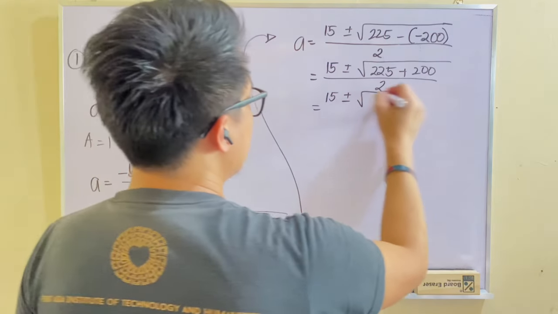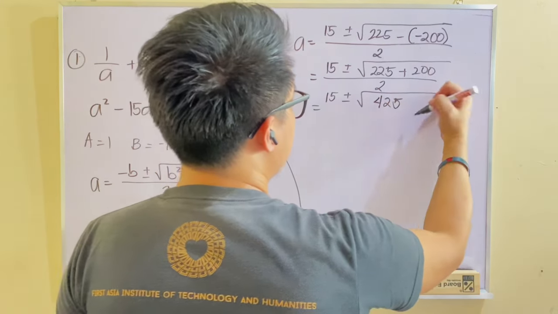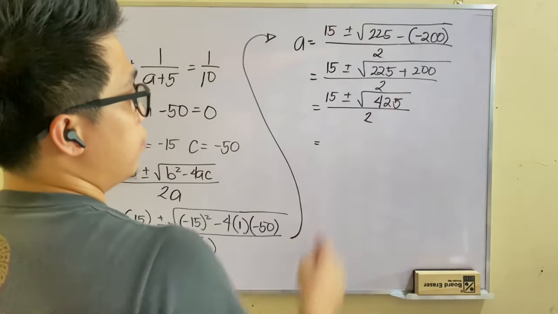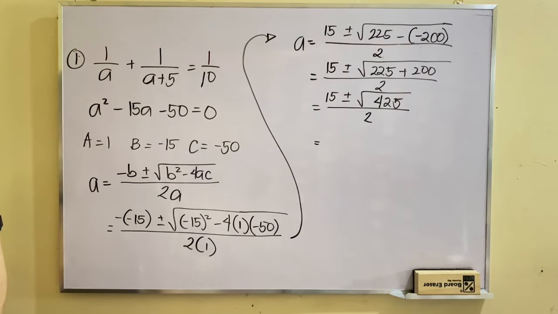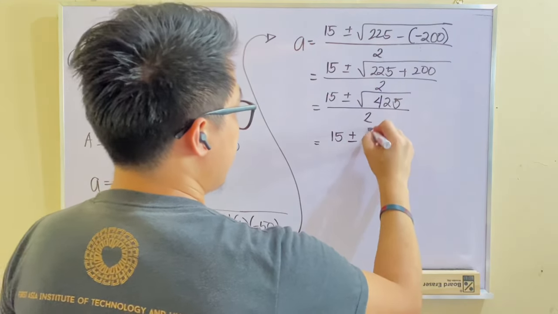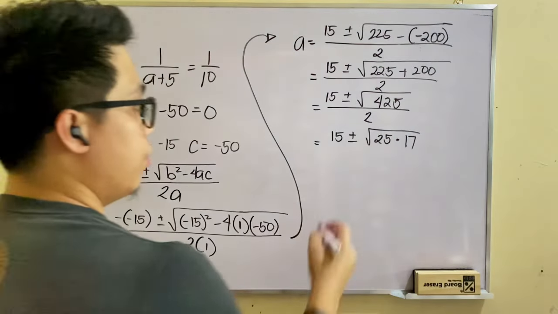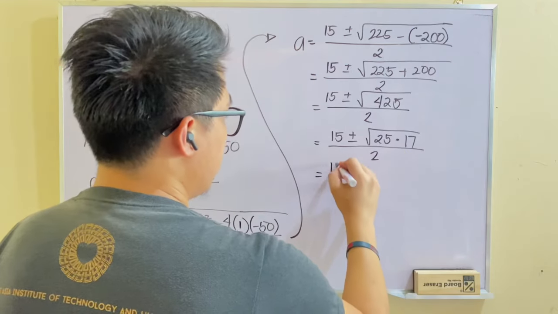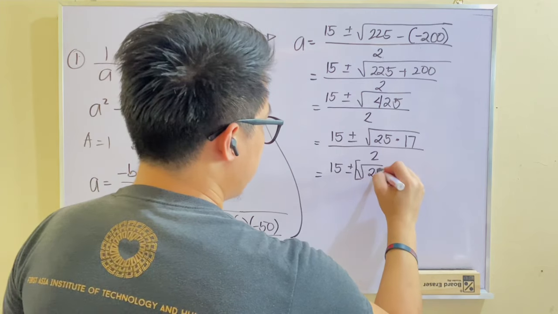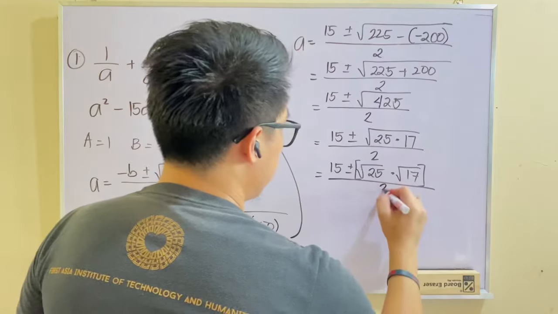15 plus or minus square root of 225 plus 200 is 425 all over 2. So ano ang factors ni 425? So, ang 425 is 15 plus or minus square root of 25 times 17. Maaari natin siyang isulat na 15 plus or minus square root of 25 times square root of 17 all over 2.